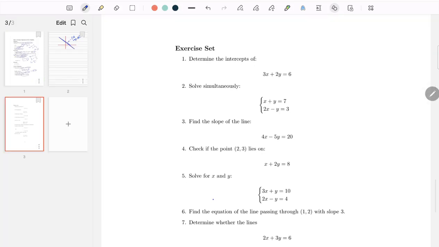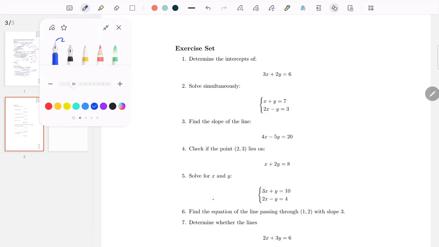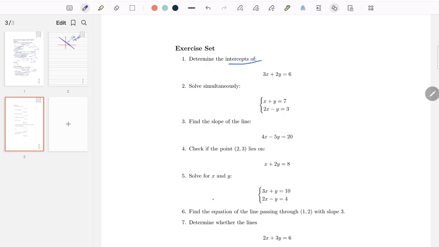There is an exercise. Determine the intercepts of 3x plus 2y equal to 6. For the x intercept, y equals 0.